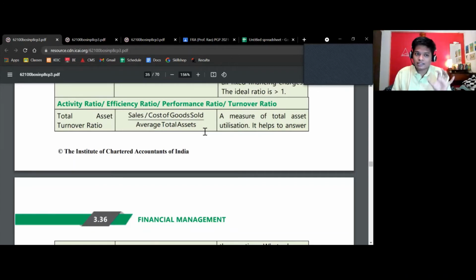That means if the asset turnover ratio is more, the company making 1500 rupees of sales is utilizing its assets more efficiently and turning them over more to generate more sales, whereas the other company is not able to do that and is only able to generate sales of 800. Got it?